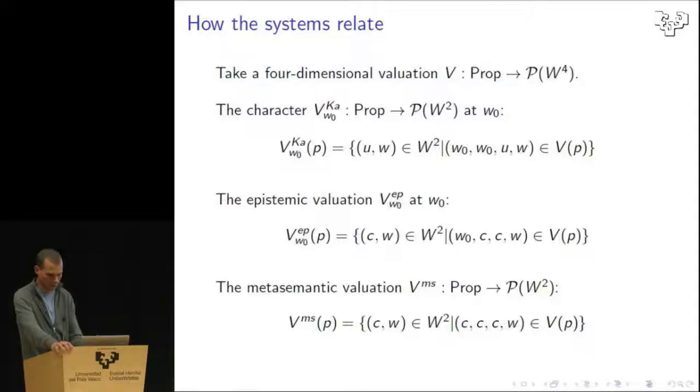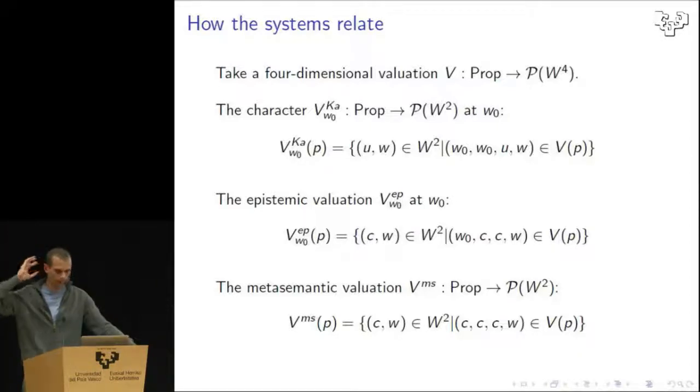And then the world of evaluation is again the same. And a similar thing you can do for the metasemantic interpretation, where you can just collapse all the context dimensions into one.